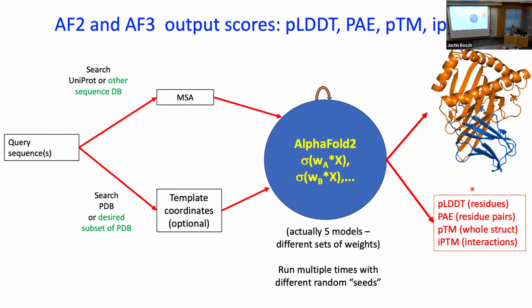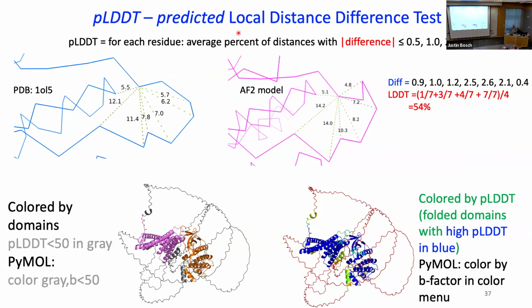And you get an output structure and you get these scores. pLDDT is for individual residues. PAE is pairs of residues. pTM is the whole structure, and ipTM is for every pair of proteins. So we're going to go through those now. We already covered the local distance difference test. This is the pLDDT, the predicted local distance difference test. It works exactly the same way.